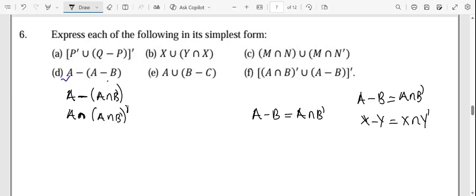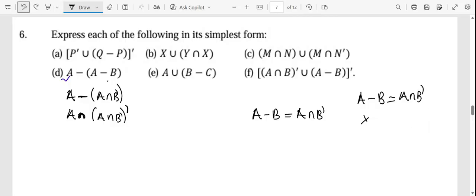So you can distribute now. When you distribute inside there, it actually... Okay, we are here.